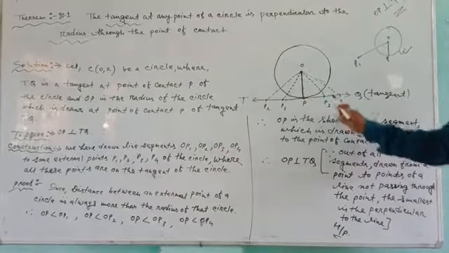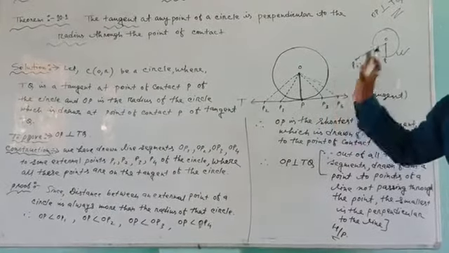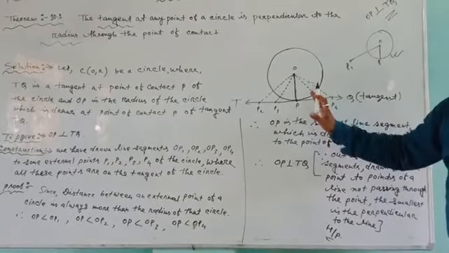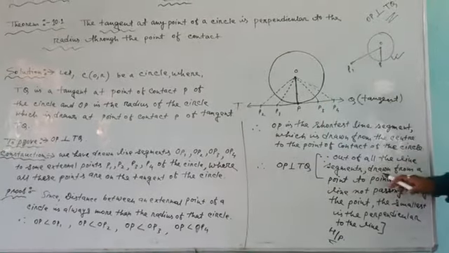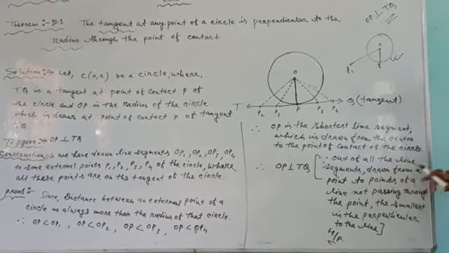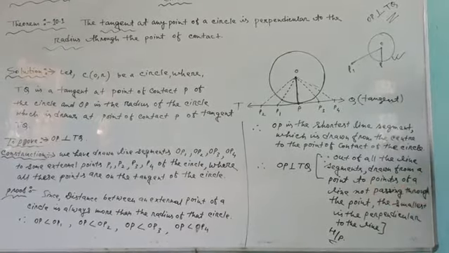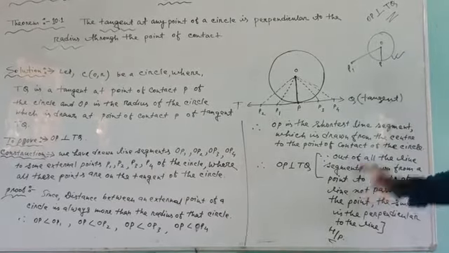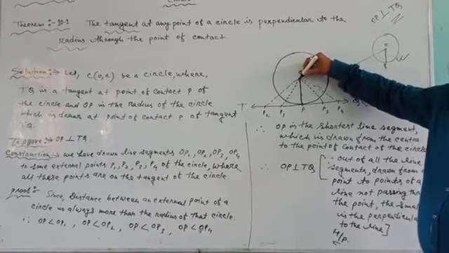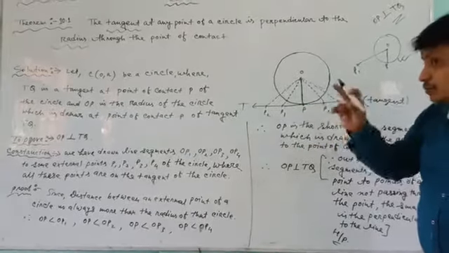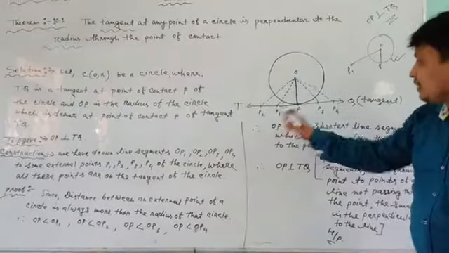OP1, OP2, OP3, OP4, these are the line segments, and OP also. Out of all the line segments drawn from a point to the points, plural, to the points P1, P2, P3, P4.